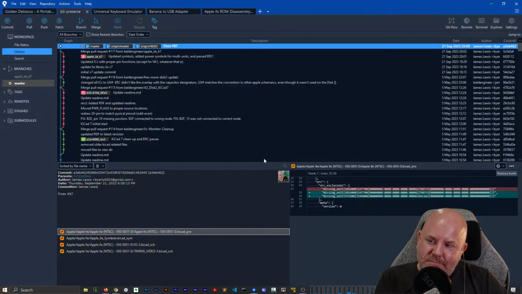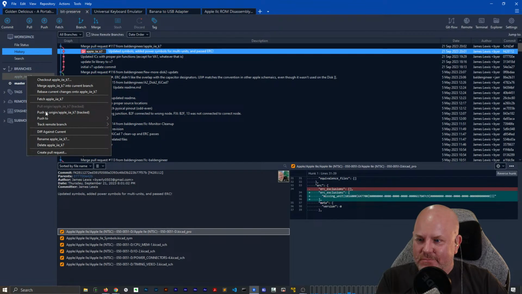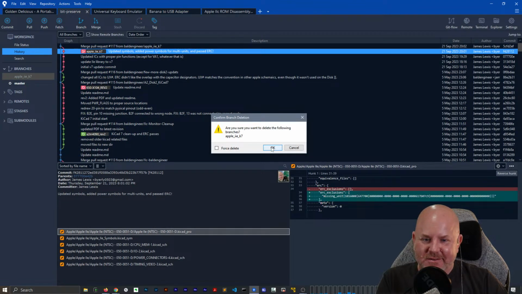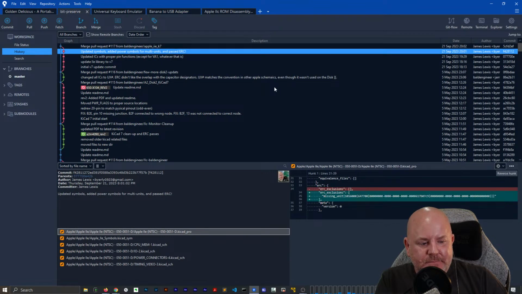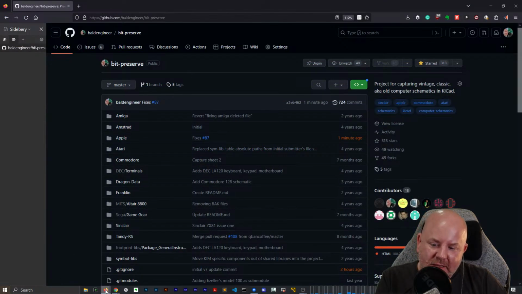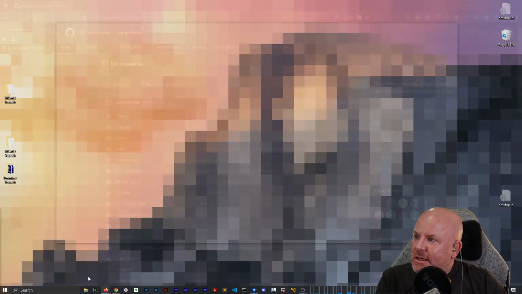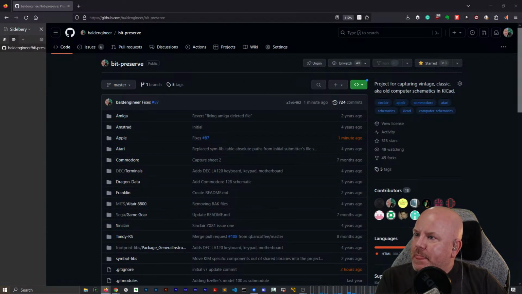Okay. Cool. I didn't actually expect that to go as fast as it did. I'm not complaining, but that's really nice, actually. There is something I want to do that's not related to BitPreserve, but it is a KiCad thing. And I saw it on Reddit, so we're going to try it real quick because I want to see if this is going to work.